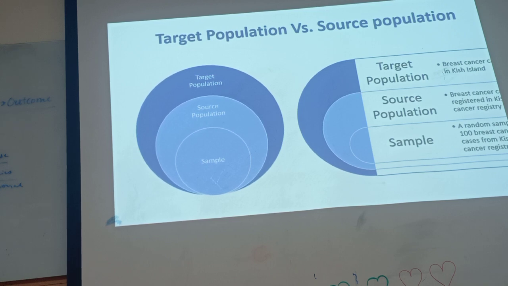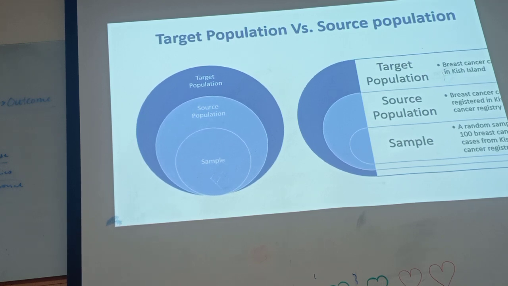So the whole population, for example, in Kish Island, would be our target population. If you want to do a case control study on breast cancer, the target population is all breast cancers in Kish Island. Okay?